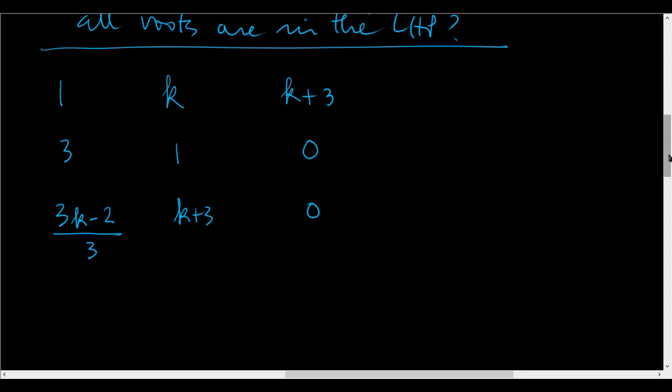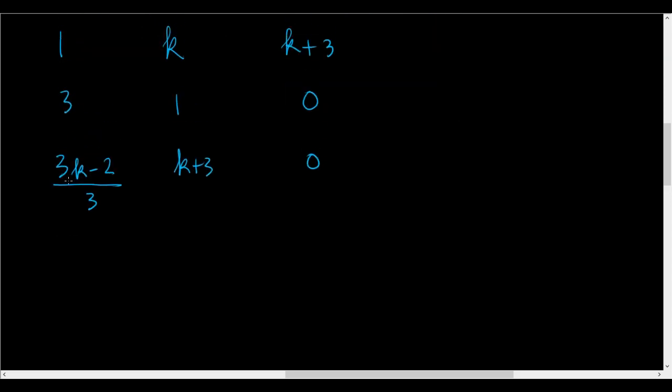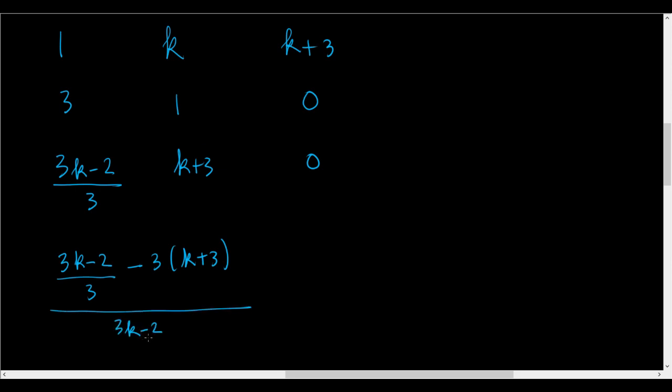Then we will have one more, and that one will be (3k minus 2) by 3 minus 3 times (k plus 3), the whole thing by (3k minus 2) by 3. So this expression is a bit big, but it is in this spot.